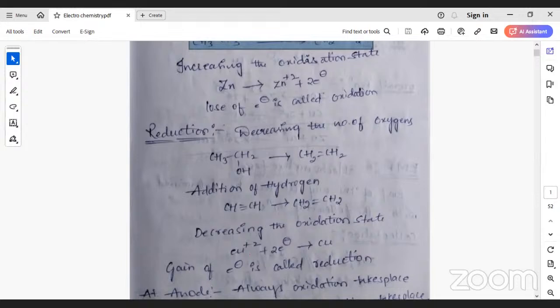At the cathode, reduction takes place. The left side is the anode. At the anode, which reaction takes place? Oxidation takes place. So the right side is the cathode and the left side is the anode.